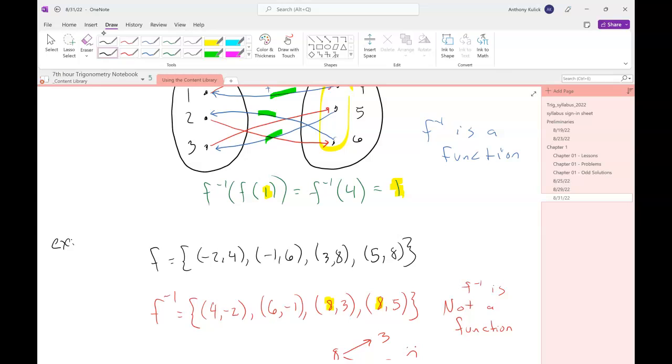That's awesome. Just what I wanted to hear. Unpredictable behavior. Well, hold on a second. There is a way to tell just by using f whether f inverse is a function or not. We'll get to that next time.